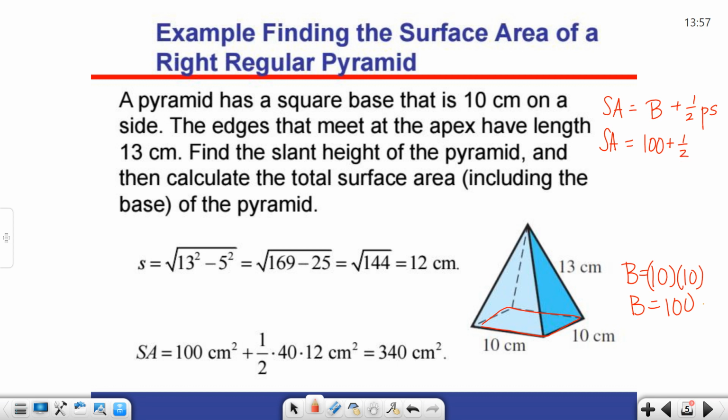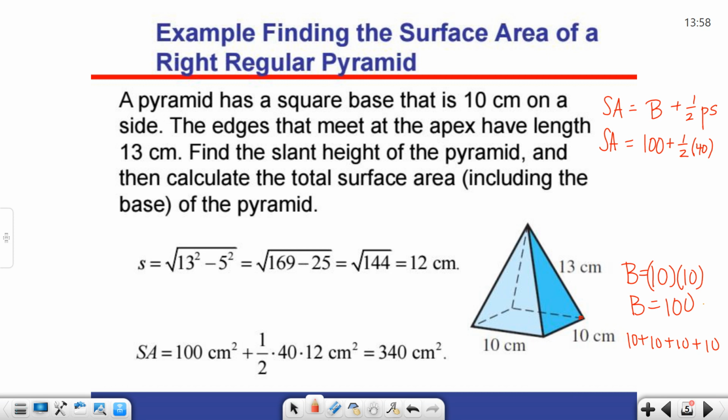Now the perimeter is also easy. Remember, perimeter, you just add up the sides. So 10 plus 10 plus 10 on the back plus 10 on the left would be 40. Then you have to figure out your slant height, and finding your slant height is the hardest part.